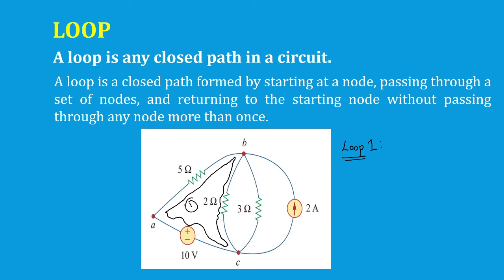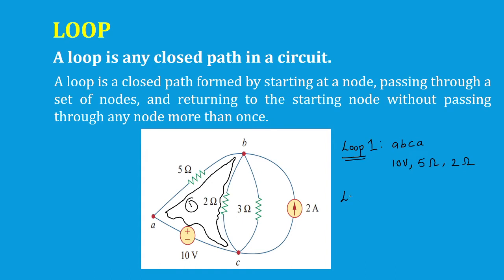Loop 1 is A, B, C, A, and the branches it covers are the 10 volts voltage source, the 5 ohms resistor, and the 2 ohms resistor.